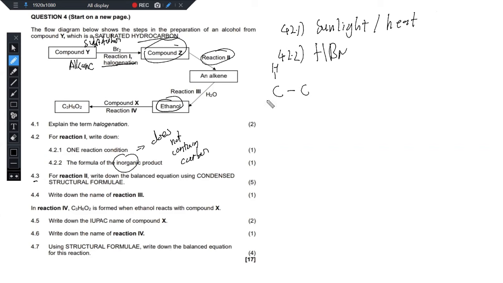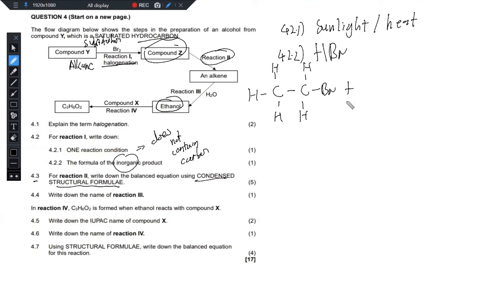The first thing that I want to do, I know that it says condensed structural formula, but I will try to draw it first using our structural formula, and then I will condense it afterwards so that you understand. So these are our hydrogens here, and then we have our bromine, because only one of the bromines will come in here.